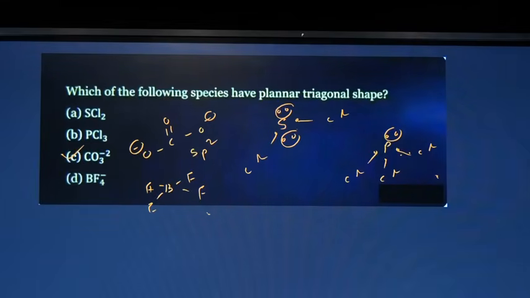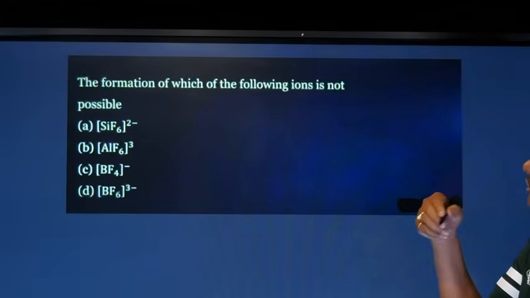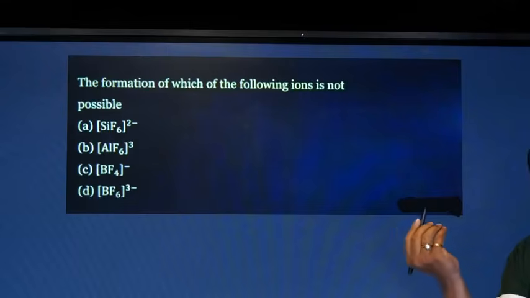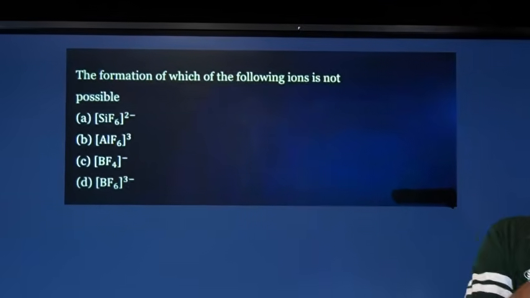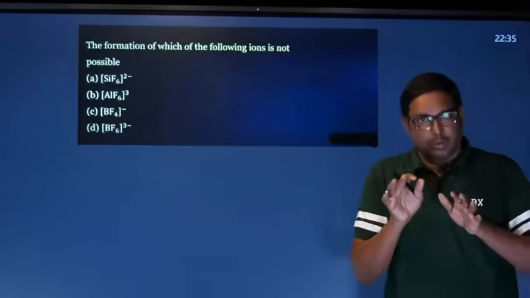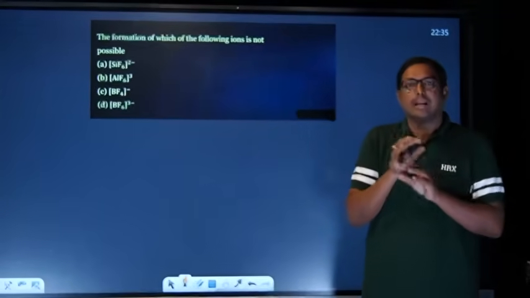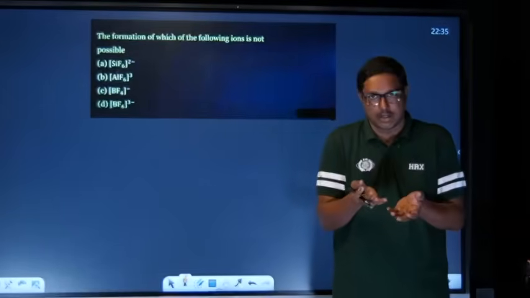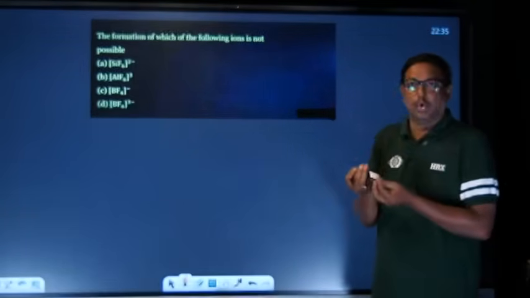So next question: the formation of which of the following ions is not possible? I repeat again, for this type of question I'll give you a super trick to answer. In the periodic table, if you go to any group, the first element is unable to form more than 4 bonds.